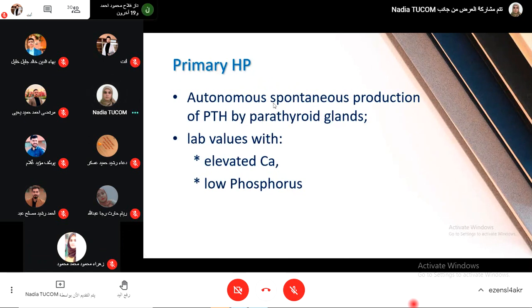So there is independence to the calcium level, and there is no response to feedback inhibition. The parathyroid gland does not respond to the normal feedback mechanism. It is mainly related to parathyroid adenoma or parathyroid hyperplasia.